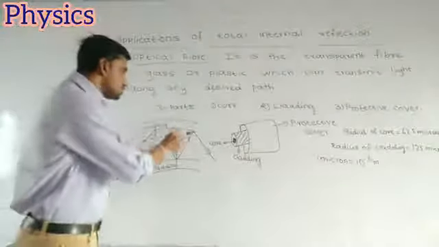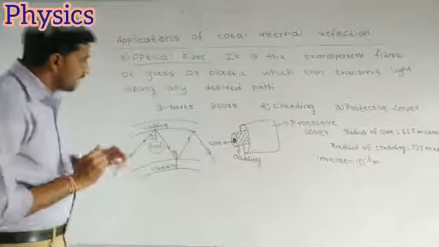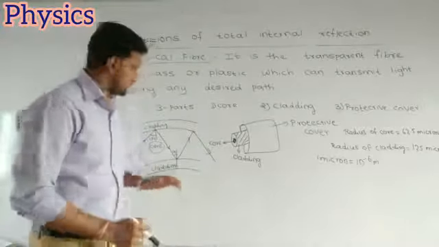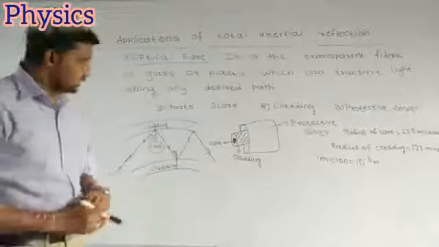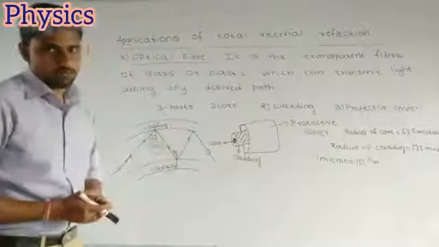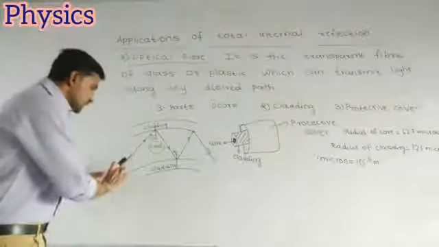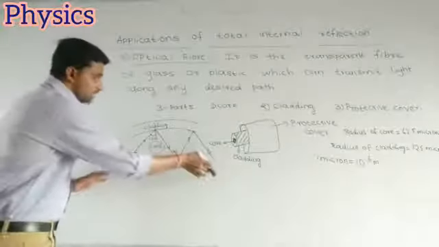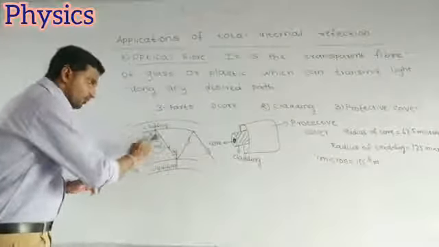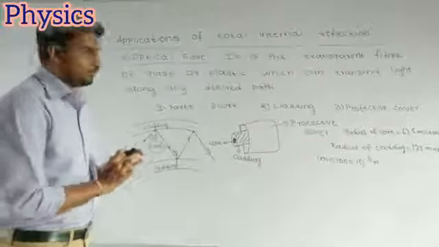Here, the cladding acts as a reflecting surface, and it has a lower refractive index and is less dense compared to the core. Understood? So we can transfer digital information from one place to another in the form of light. That is about the optical fiber.